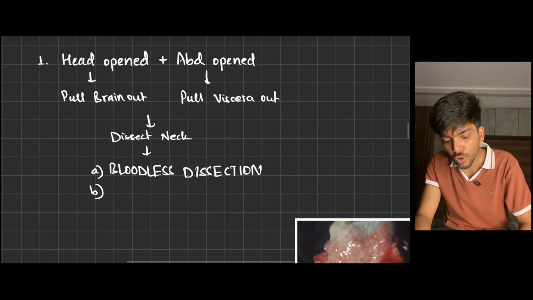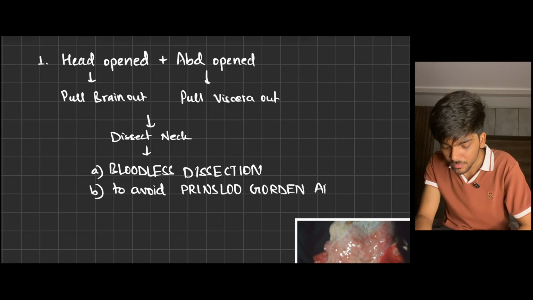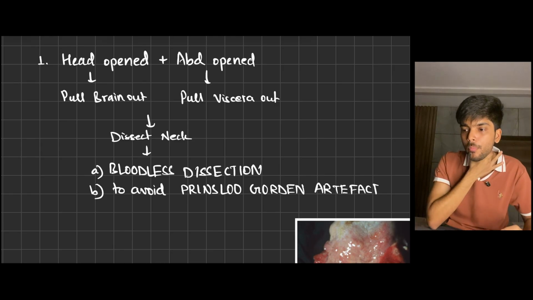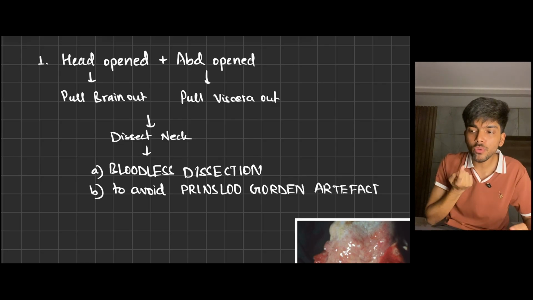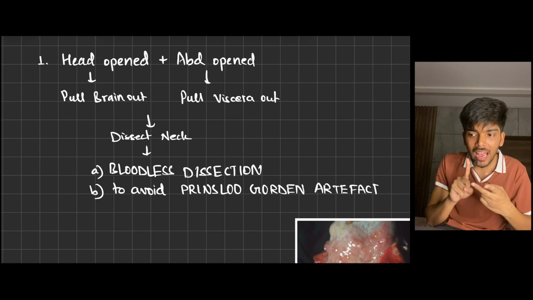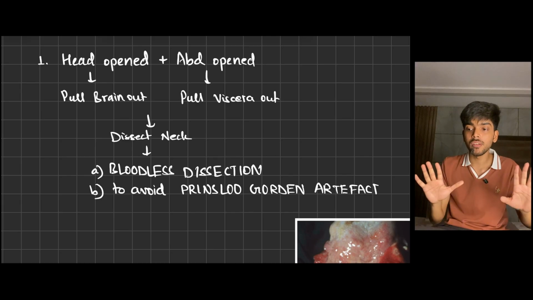Number 2, to avoid Prinsloo-Gordon artifact. What is Prinsloo-Gordon artifact? See, when there is neck compression, there might be trauma to the larynx. And when you look at the anterior or the lateral wall of the larynx and there is bleeding, that is because of trauma by neck compression.